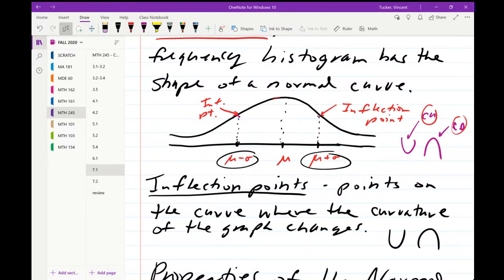That's when you add a standard deviation and then subtract the standard deviation from the mean. That's what those symbols are. Right here in the middle is your mean. If you add a standard deviation, that's an inflection point. And if you subtract the standard deviation, that's another inflection point.